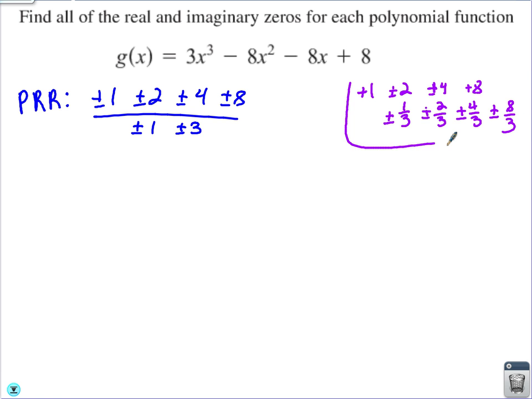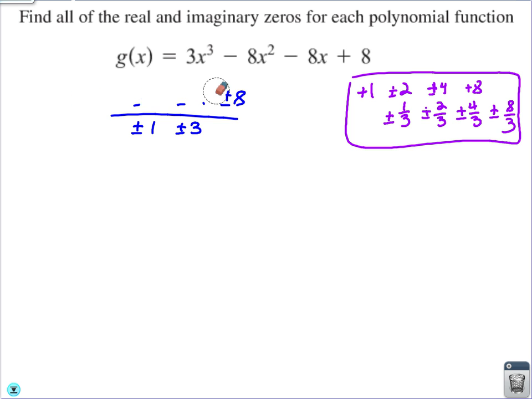No repeats there. So that's all my possible rational roots. And again, it's all the combinations of your last term over your coefficient of your first term. So that's all the possible rational roots.